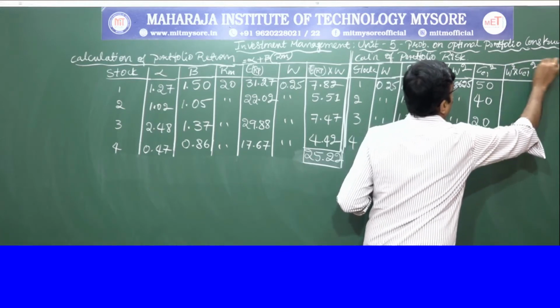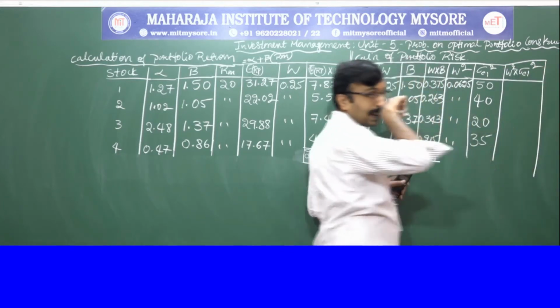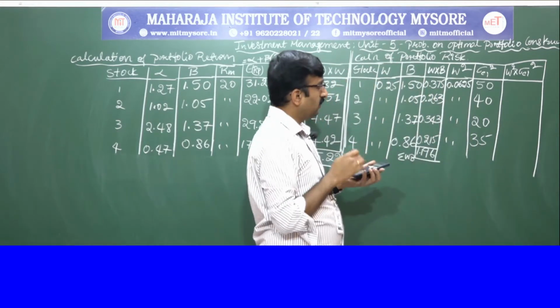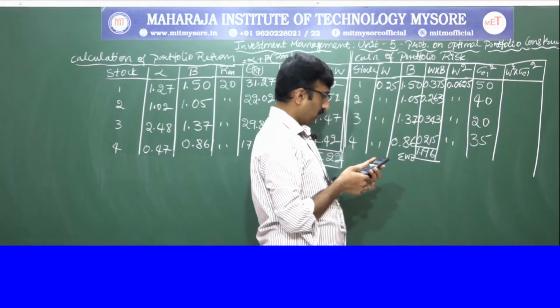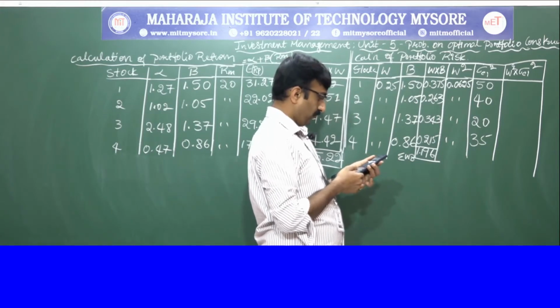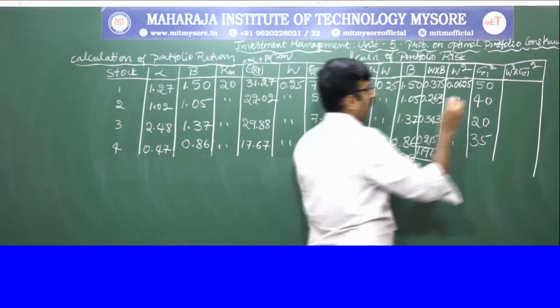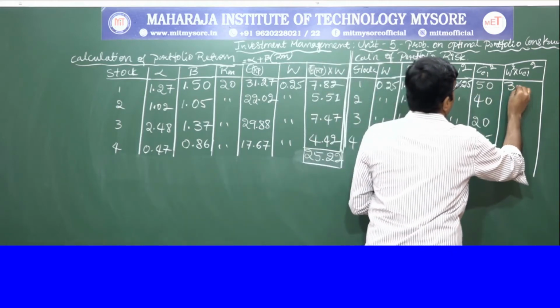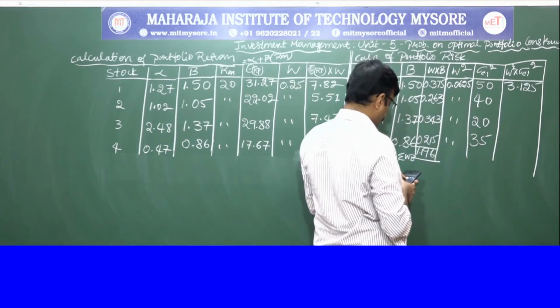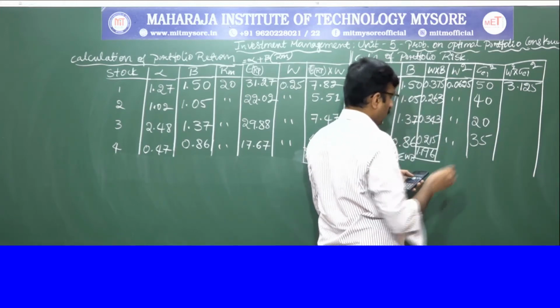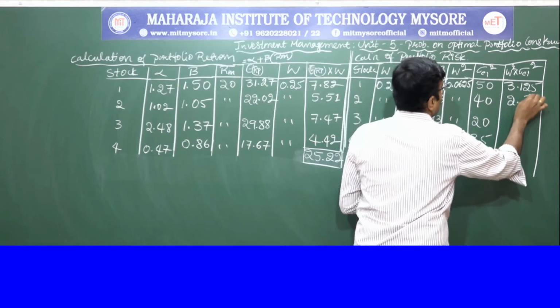If you do that, 0.0625 into 50, you will get 3.125. Then we will get 2.5.